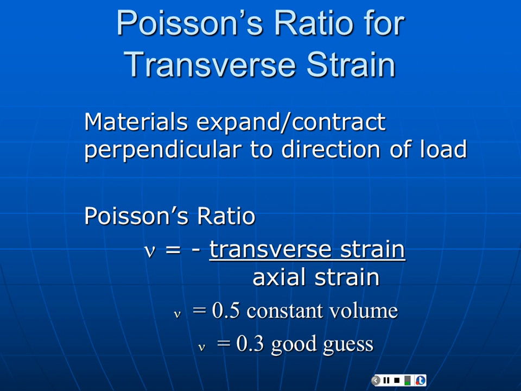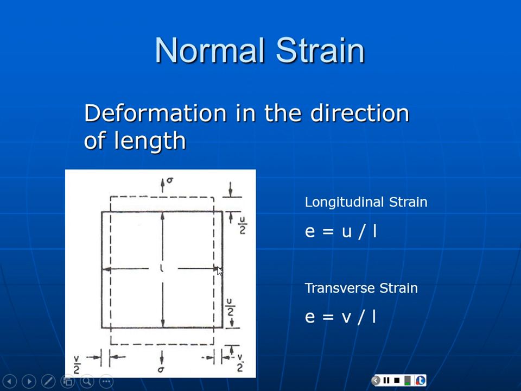Now let's talk about this lateral expansion or contraction. Materials expand or contract perpendicular to the direction of an applied load, at least in a tensile or compressive load or an axial normal stress situation. Poisson's ratio is defined as the ratio of the transverse strain divided by the axial strain. And we're going to put a negative sign here, because if you think back, this is positive strain extension, so the change in length is positive.